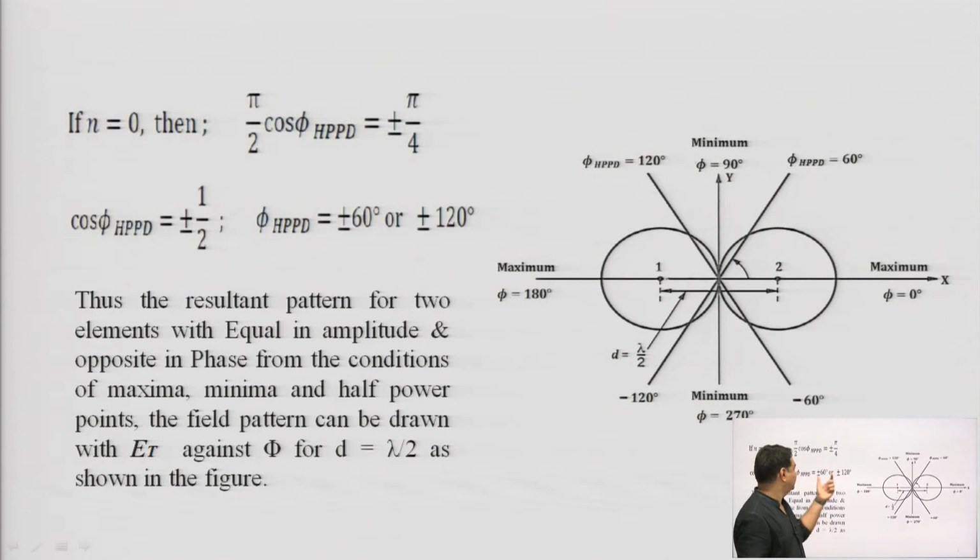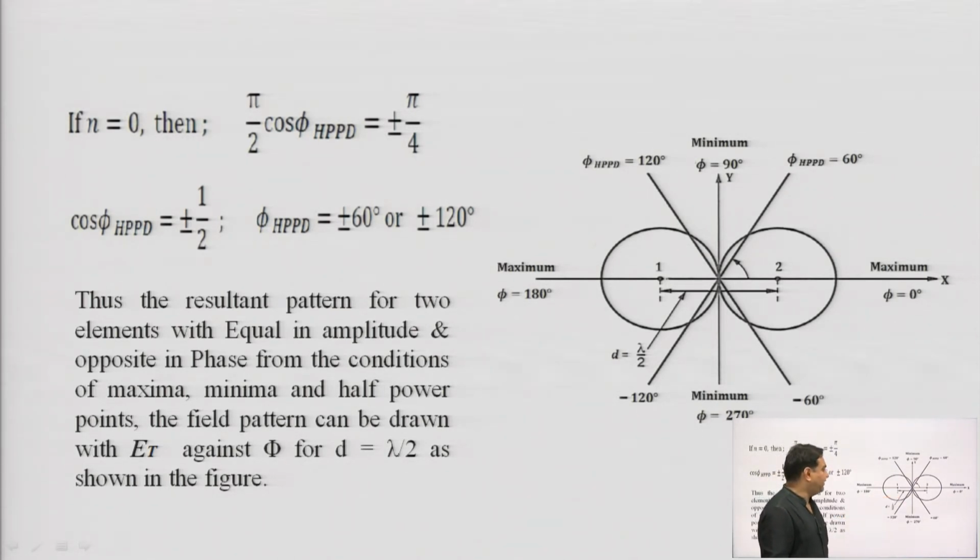So, when n is equal to 0, pi by 2 cos phi at half power points is plus minus pi by 4. Half power points are given as 60 degree or 120 degree, and they are given like this.